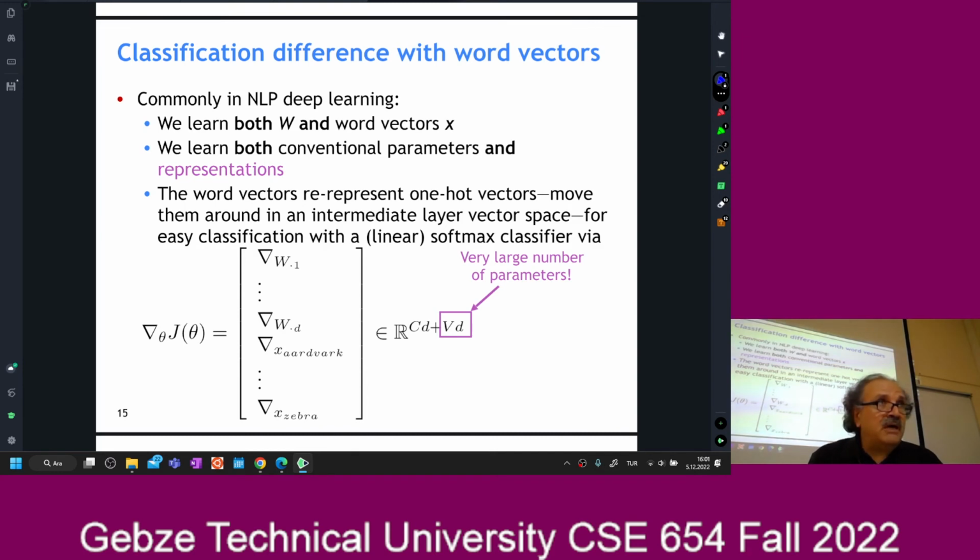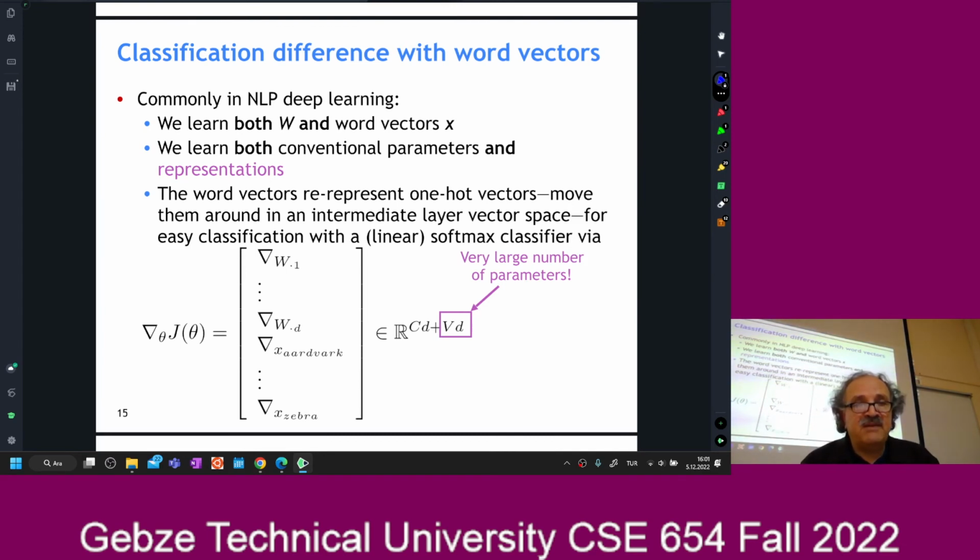Up to now I kept talking about cars and their prices and buying and not buying. Obviously, this class is not about cars or buying or selling. This class is about natural language processing. So what are we going to do with these neural networks in natural language processing? Remember what we said about words.